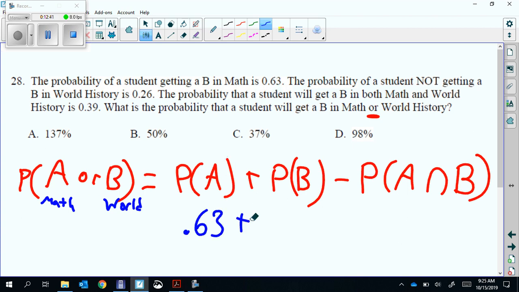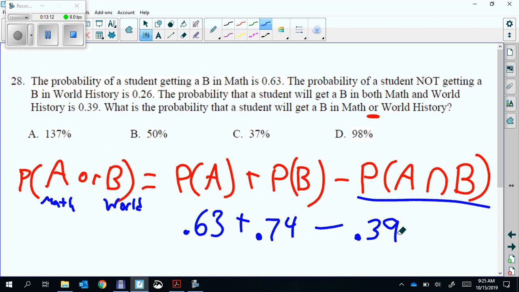What's the probability of getting a B in world history? It says the probability of not getting a B is 0.26, which means getting a B would be 0.74. And the probability that a student will get a B in both, that's told to us right here, and that's what this is saying. This is both. It's 0.39.